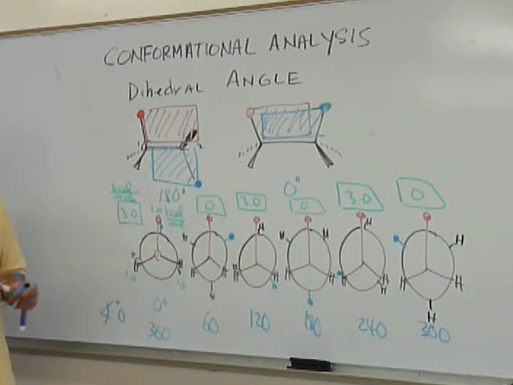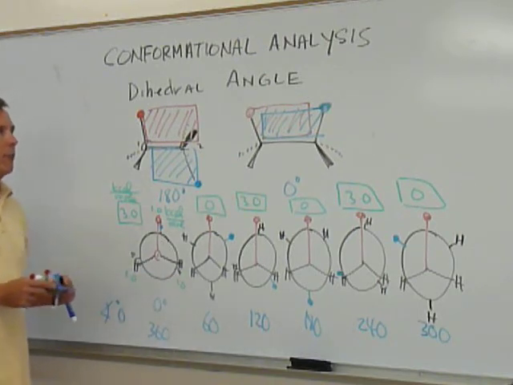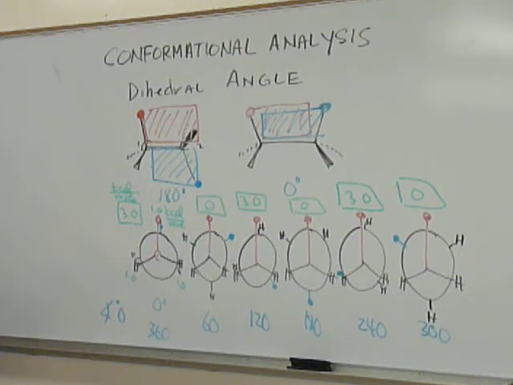These are the energy values associated with each conformer of ethane, where we rotated 60 degrees in each conformer. We can plot this out now on a potential energy profile.